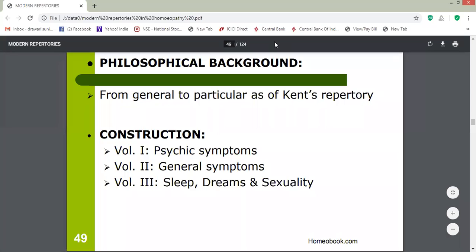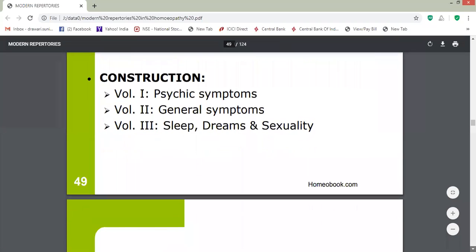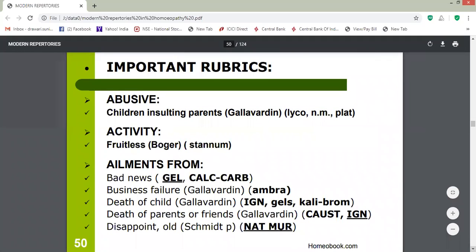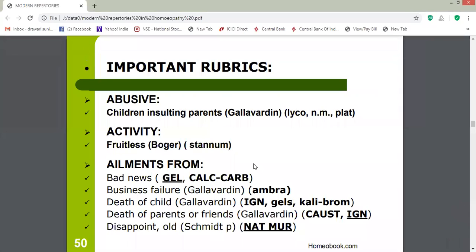So in this way, for easy purpose, the symptoms are divided into different volumes, so that we can easily find the symptoms with their importance. So which are the important rubrics in this repertory?